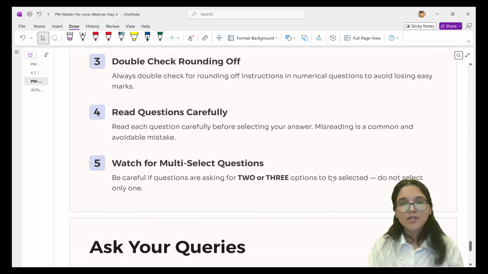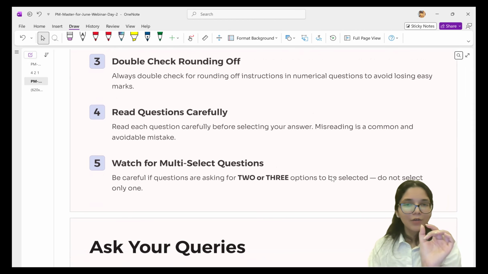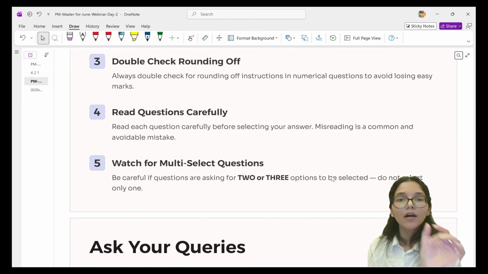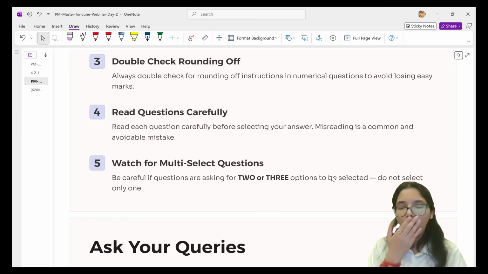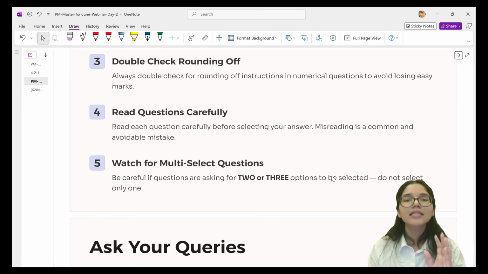Just now I illustrated to you, if you fail to read that small letter, a rock guitar, you could have given your answer in total terms, which would be absolutely incorrect. So please ensure you're reading the requirements carefully. Double read, triple read the requirement, and understand the question carefully.